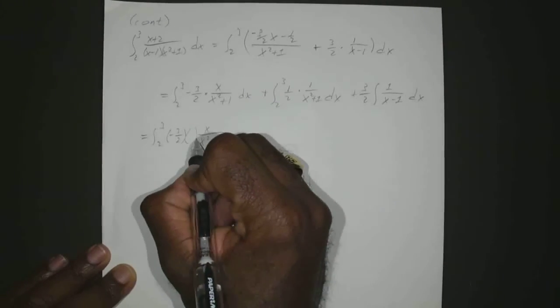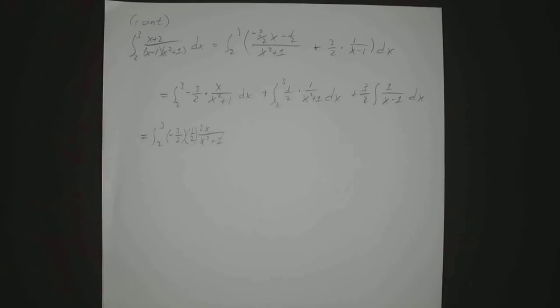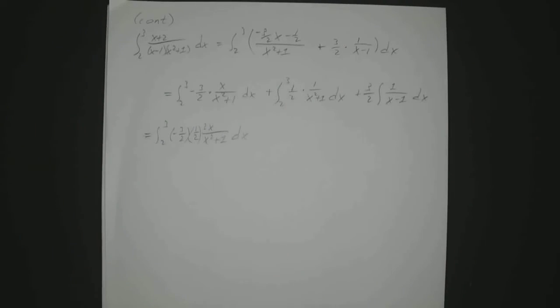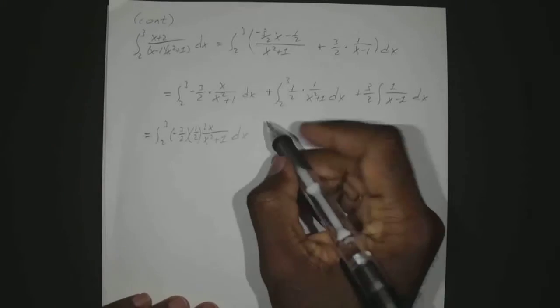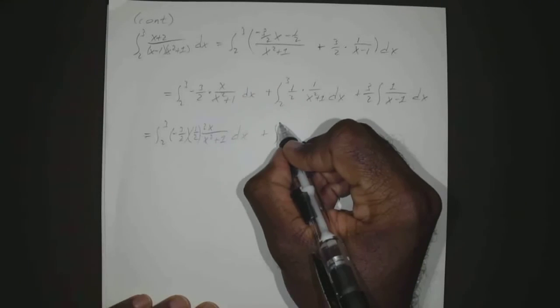If you multiply this one by 1/2 and multiply this by 2, you actually get u prime over u. So you just turn this one into a natural log also.